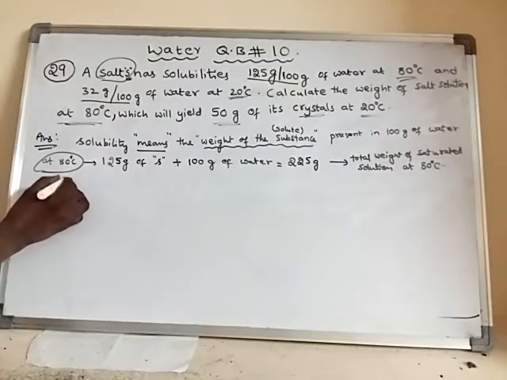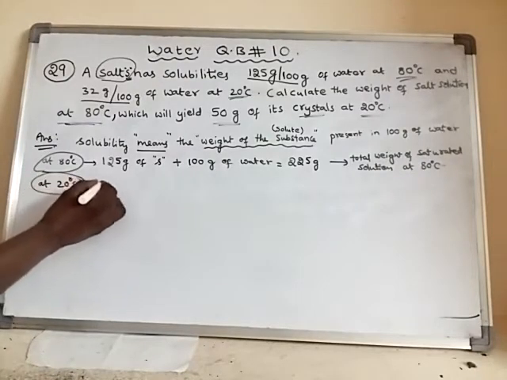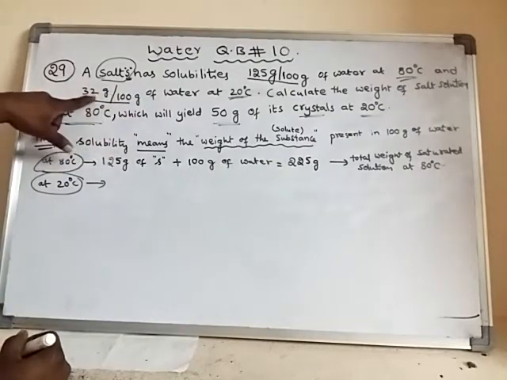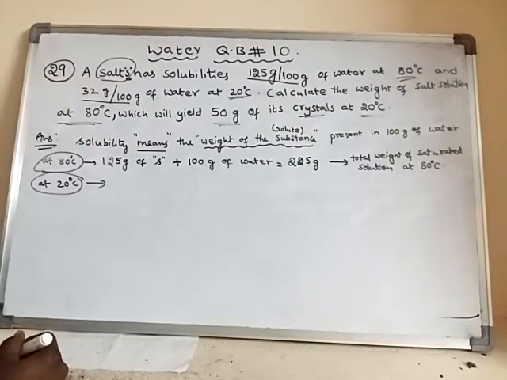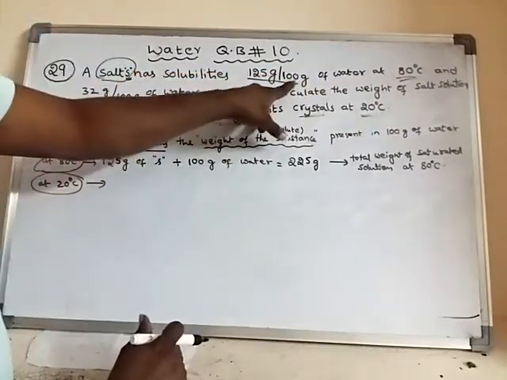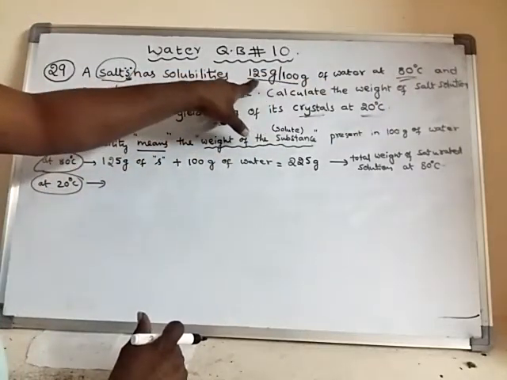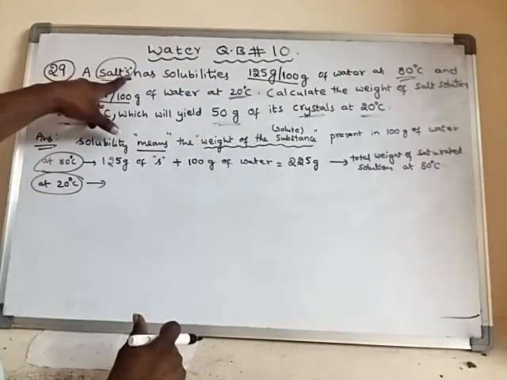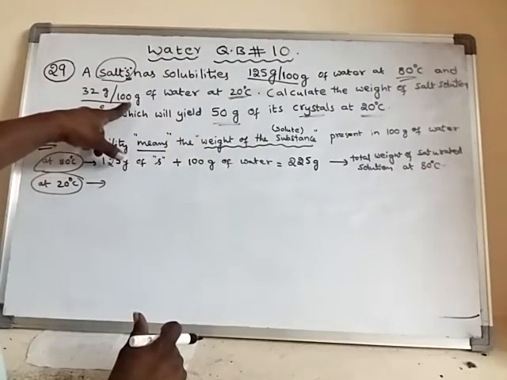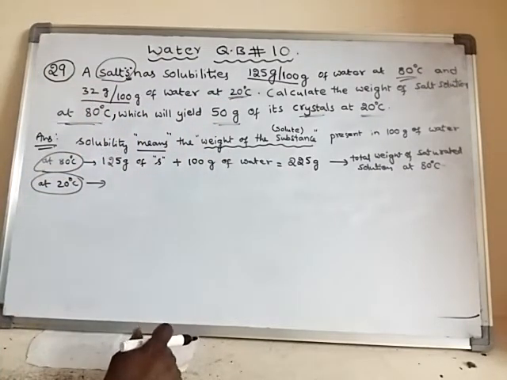Now again at 20 degrees centigrade, the same 100 grams of water is able to dissolve only 32 grams. At 80 degrees centigrade, 100 grams of water is able to dissolve 125 grams, but at 20 degrees centigrade, 100 grams of water is able to dissolve only 32 grams.